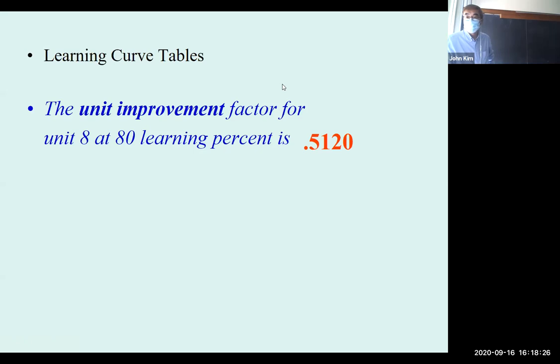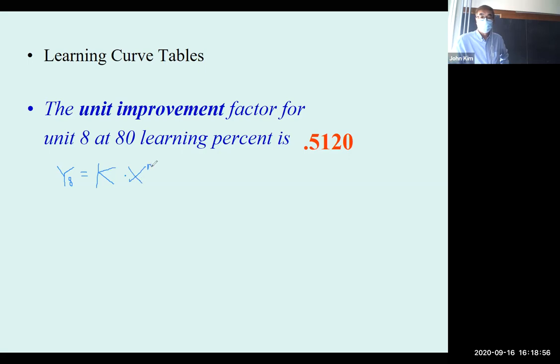Then if you use the logarithmic learning curve formula, then y eighth equals k times, we don't know k, but x to the n equals k times x is 8, the n is log 0.8 because 80%, 0.8 divided by log 2.